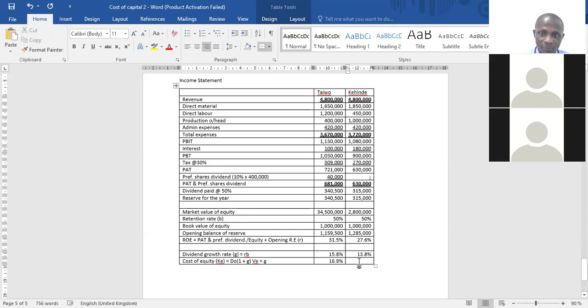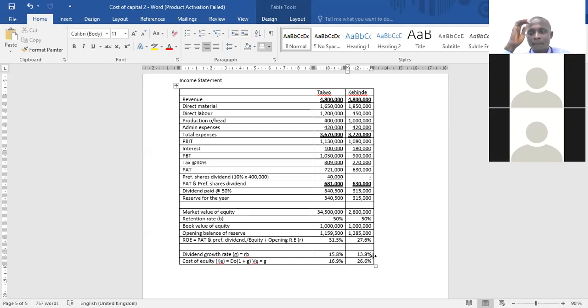And for Kehinde, it's going to be dividend of 315,000 times 1.138, divided by the market value, 2,800,000, plus 0.138 times 100, 26.6%.